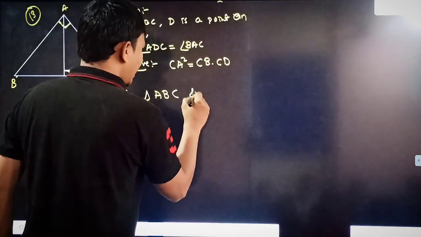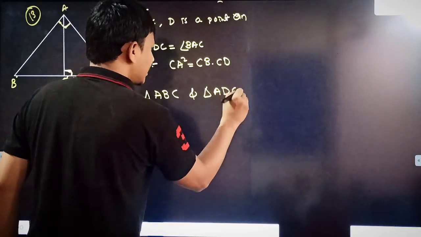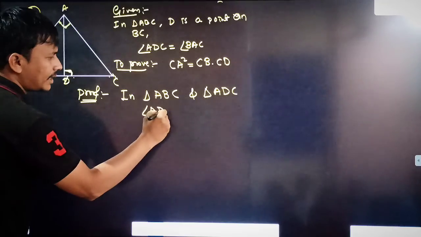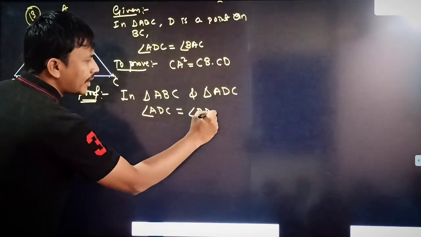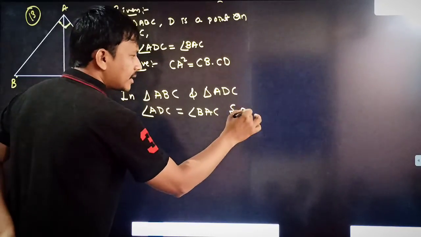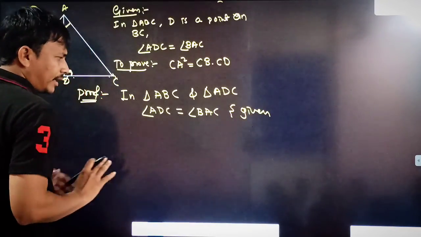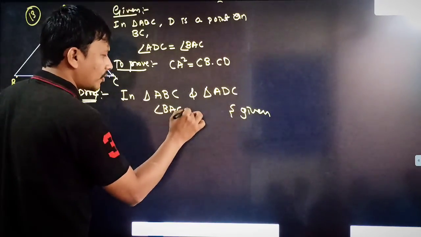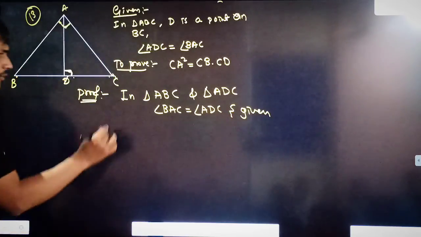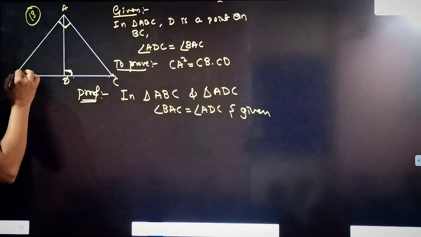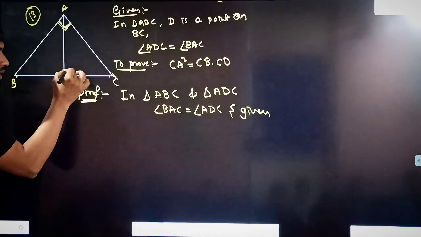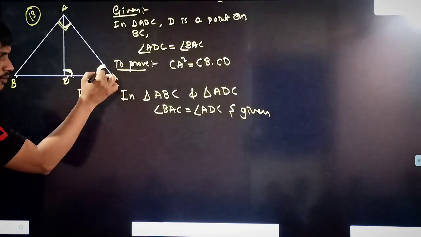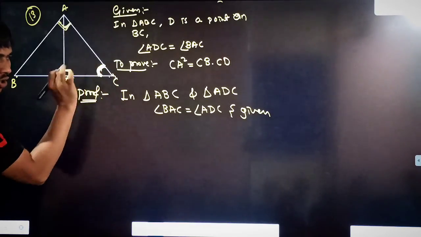In triangle ABC and triangle ADC, angle ADC is equal to angle BAC. This is the given thing. Angle BAC is equal to angle ADC. Next, in both triangles we have C as a common angle.